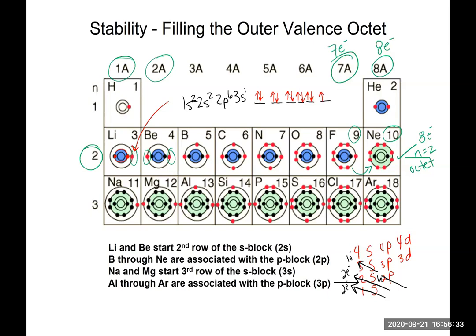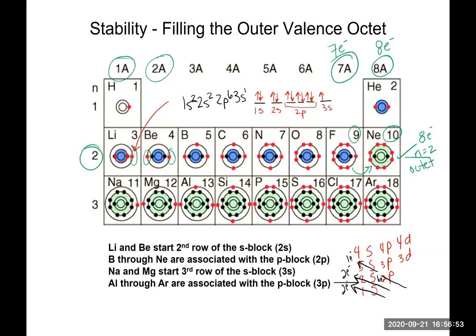And you notice that if we label these, this is 1s, this is 2s, and then this is 2p, and then this one is 3s.